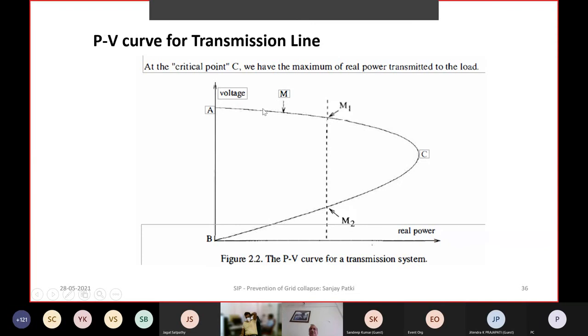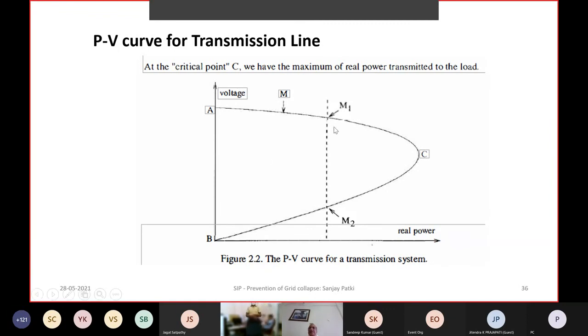Now what happens is the line has a definite value of reactance, and depending on the length of the line and how much load is being carried on the line, there will be a voltage drop. So you can say the terminal voltage at the sending end is this, the receiving end voltage will be slightly lower depending on how long the line is.